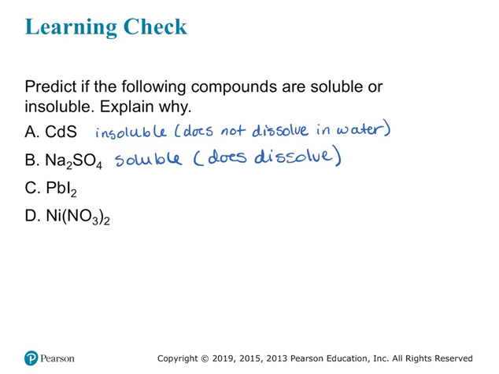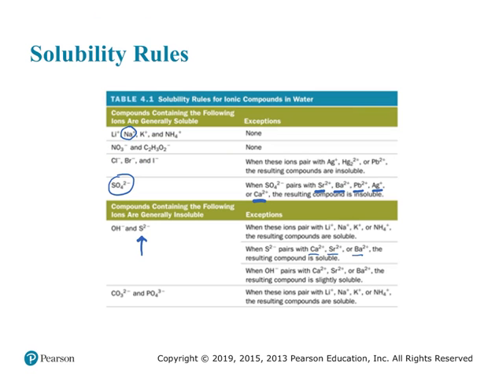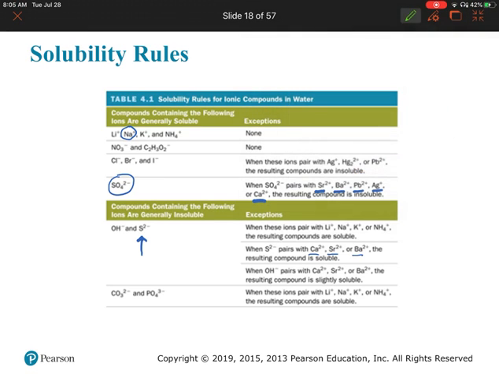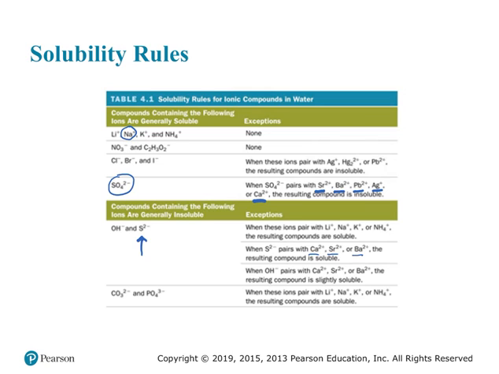All right, so let's look at lead iodide. In a previous slide, we said that this was insoluble, but let's consult our solubility rules. For this one, we have lead and iodide. I'm going to use a different color here. I don't see lead listed anywhere, but I do see iodide. And iodide is generally soluble, so typically it does dissolve in water, unless it's paired with silver, mercury, or lead.